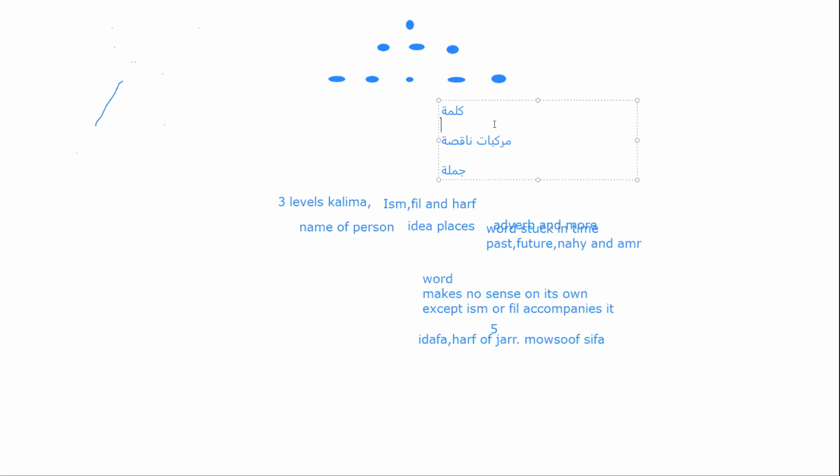Okay, so under the kalima we had ism, we had fi'l, and we had harf. And then under the murakkabat naqisa, we had idafa, mudaf and mudaf ilayhi. And then we had mawsuf, sifa. And then we have inna. Okay, let's say inna.